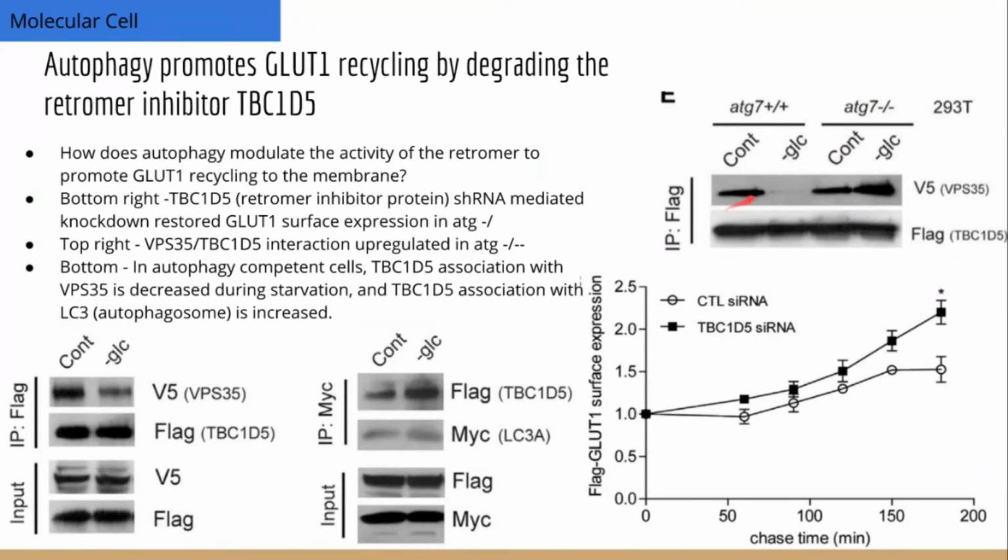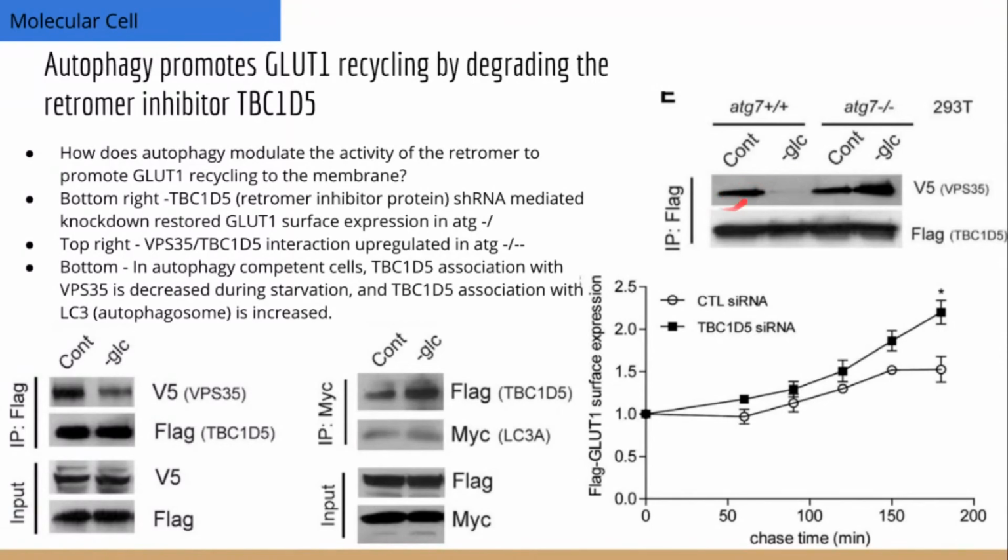Okay, so they're doing a co-immunoprecipitation. So we see in these first two columns, these are ATG7 cells. We see that during controlled basal conditions, immunoprecipitation between TBC1D5 and VPS35, the retromer, is upregulated. This is normal.